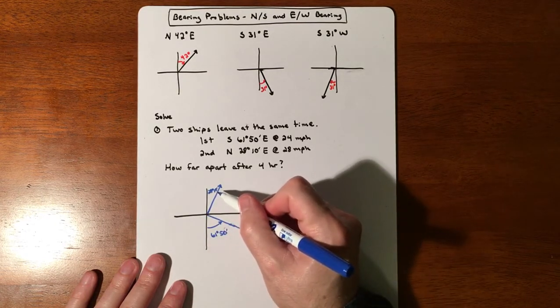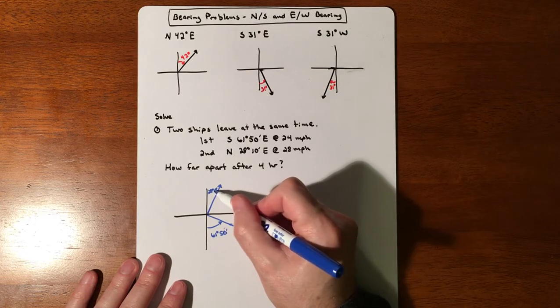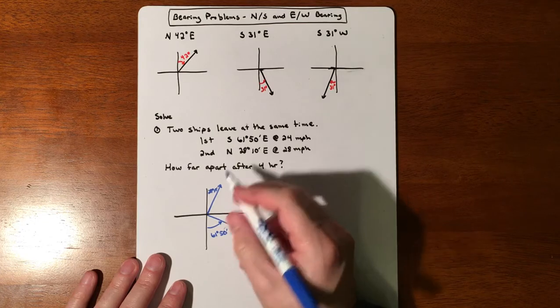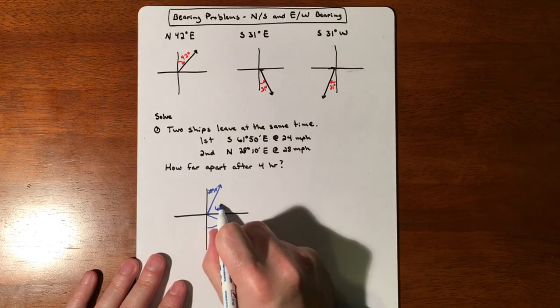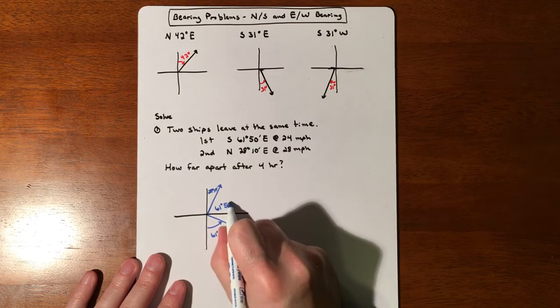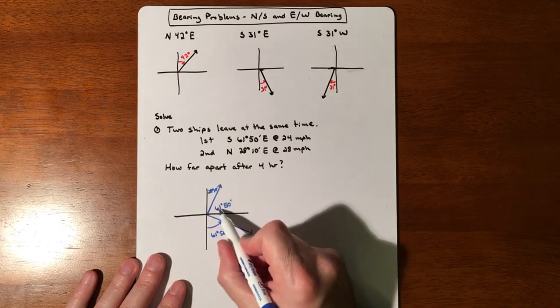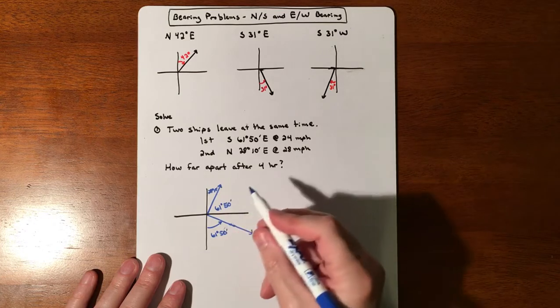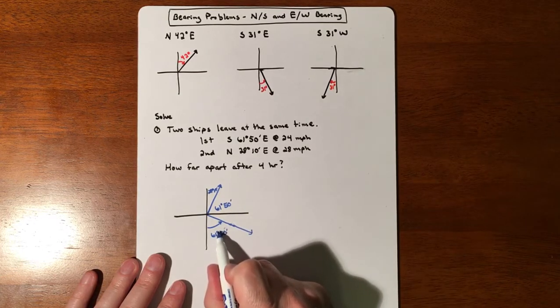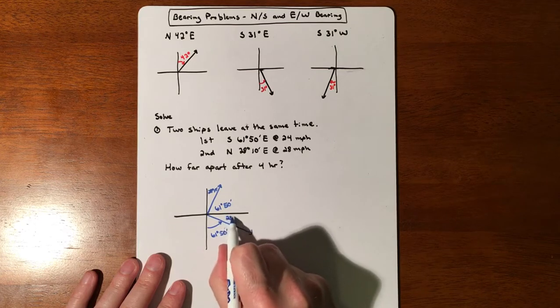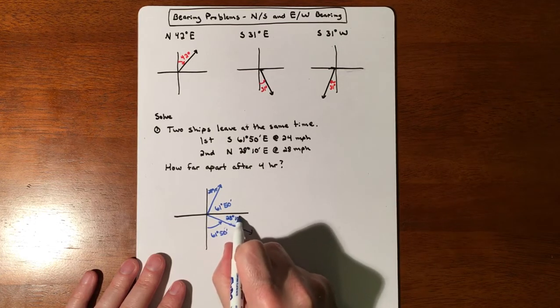So if this is 28 degrees 10 minutes, that puts this value kind of here at actually 61 degrees 50 minutes. If you take 90 minus 28 degrees 10 minutes, it turns out to be 61 degrees 50 minutes. And ironically, that's exactly what this number is. So if you subtract this from 90, you're going to get 28 degrees 10 minutes.